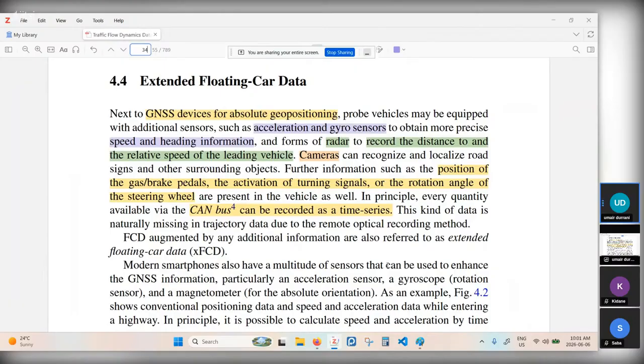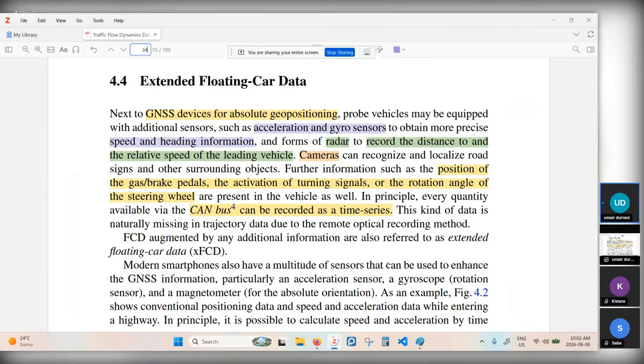If we have radars or cameras on the vehicle, we also get information about the distance to and the speed difference from a lead vehicle. And we can also get more data from the position of the gas or brake pedals, activation of turning signals, and all the data that is collected with the controller area network communication interface that all cars have.